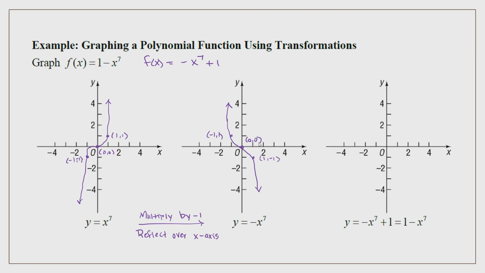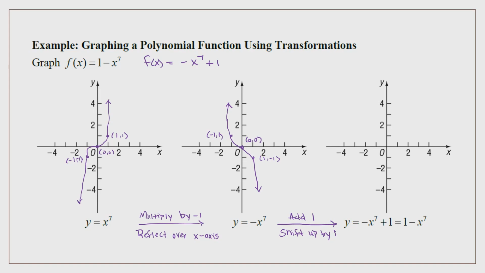All right. So now I started with my power function, x to the 7th. We know that it's going to take on the form of an odd integer power function. And then I multiplied it by a -1, which got me negative x to the power 7. And so now I'm going to add 1. And when I add 1, I shift the graph up by 1.